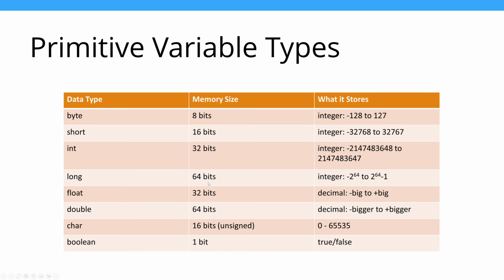Now I wonder if we could find a formula such as the long one for the int, as well as the short and the byte. That could be a fun exercise to look up.